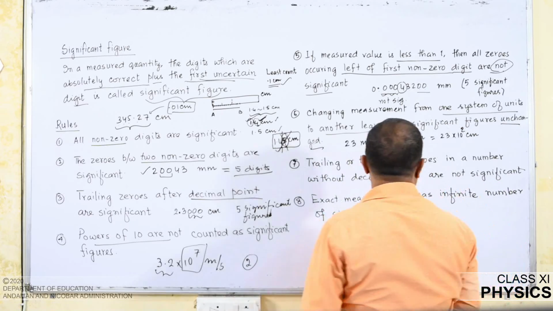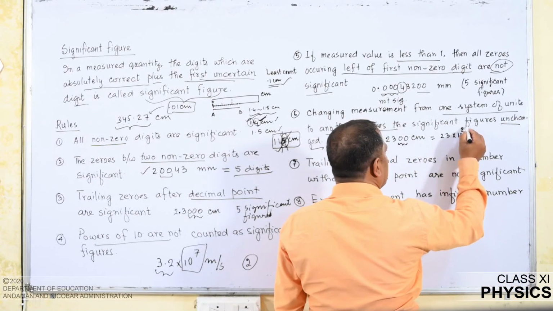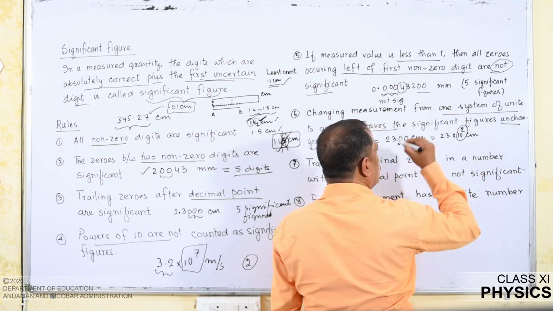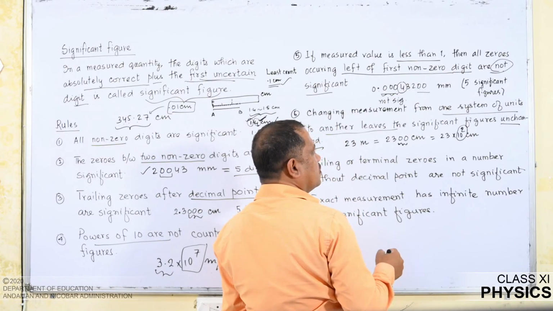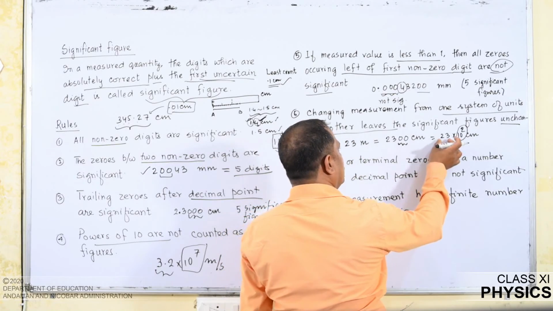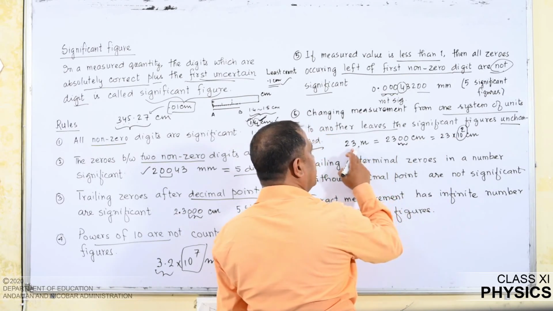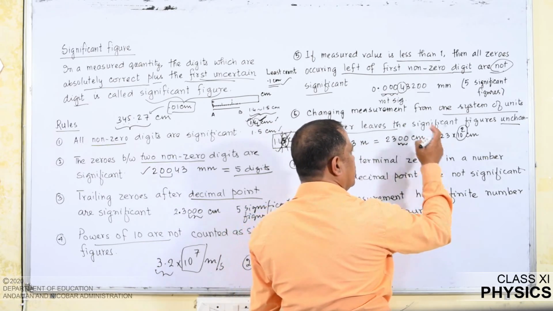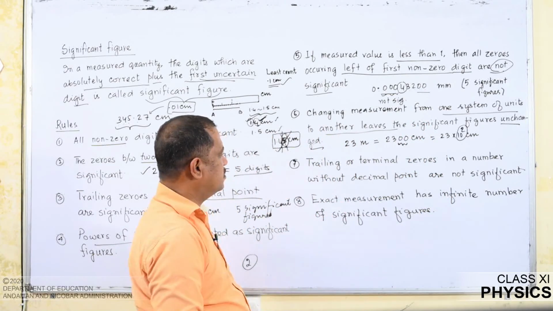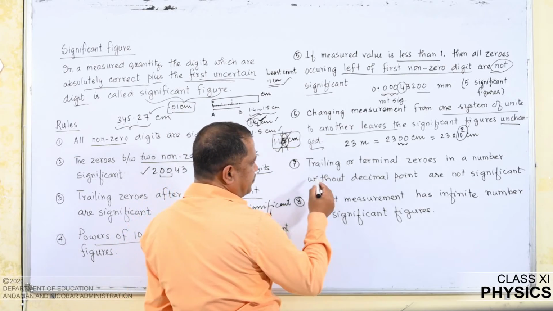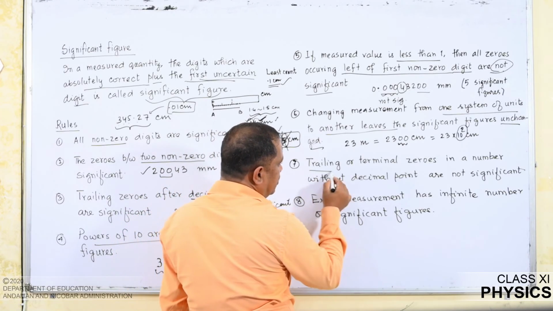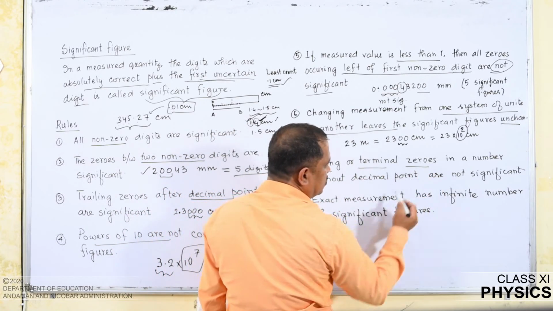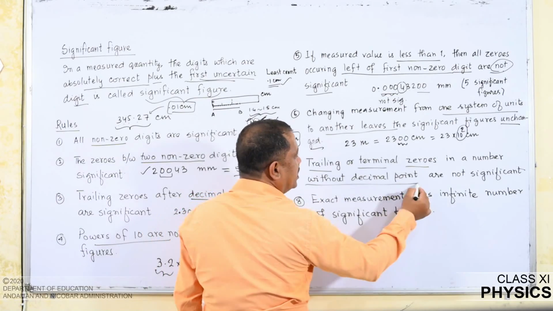Now we know the rule that anything or power raised to 10 will not be taken into count when we calculate the significant figures. So, in that case here too I have two significant figures, here also I have two. Then comes trailing or terminal zeros in a number without decimal point.